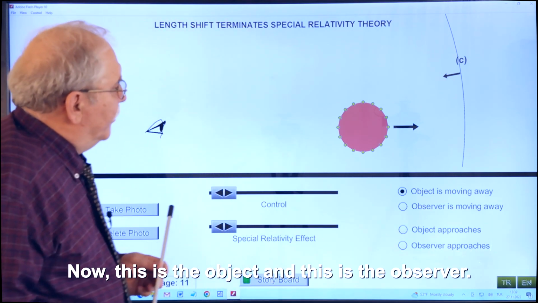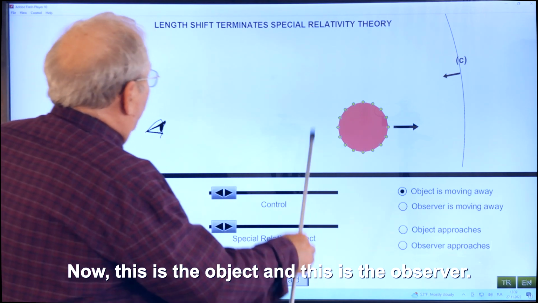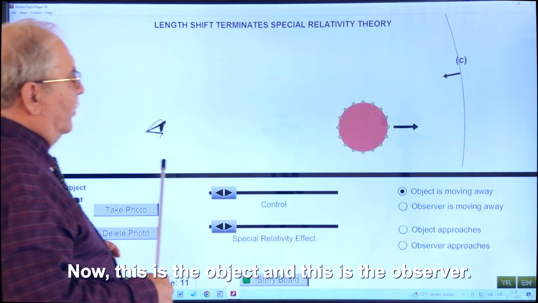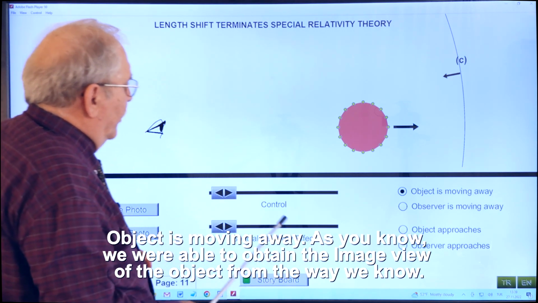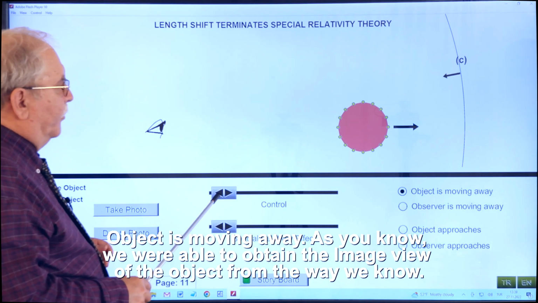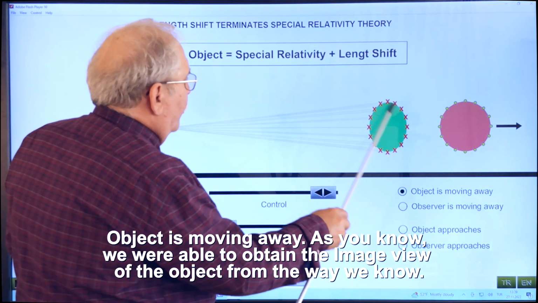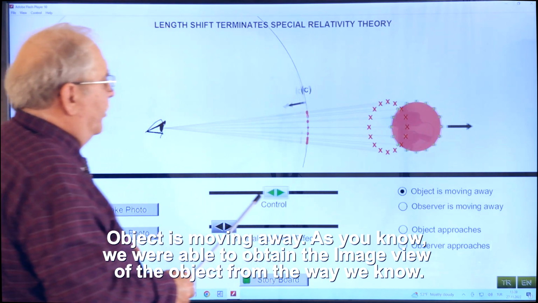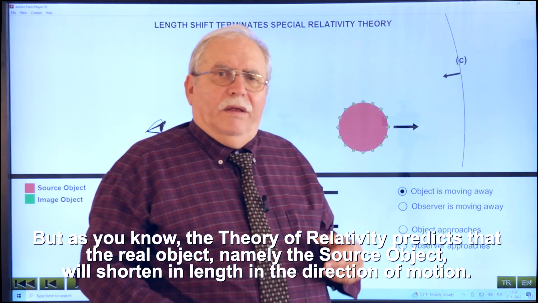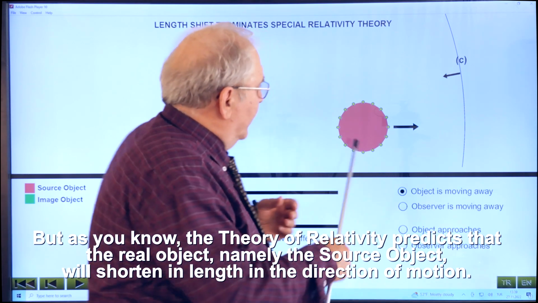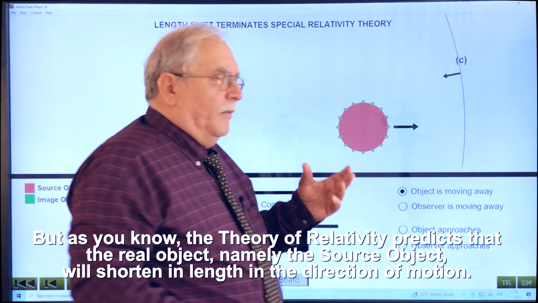Now, this is the object and this is the observer. Object is moving away. As you know, we were able to obtain the image view of the object from the way we know. But as you know, the theory of relativity predicts that the real object, namely the source object, will shorten in length in the direction of motion.